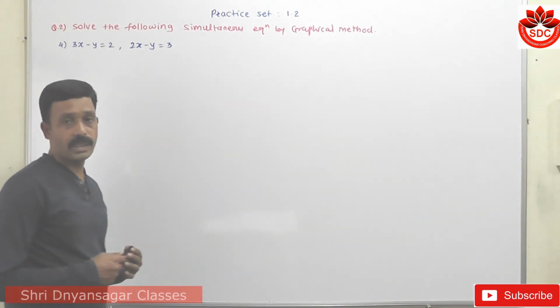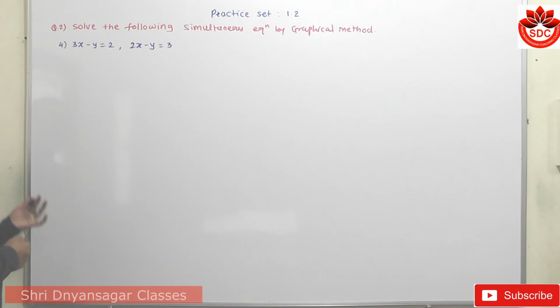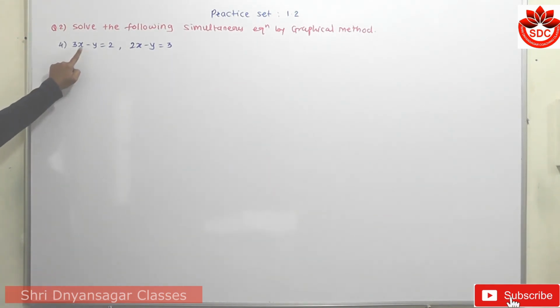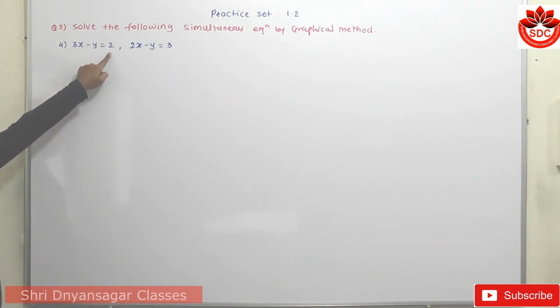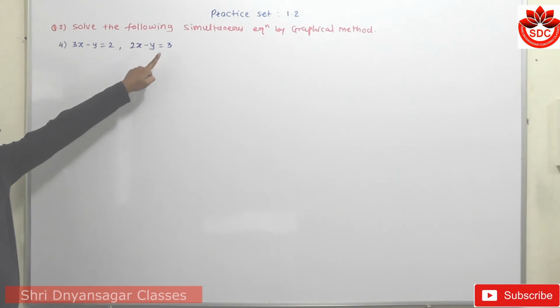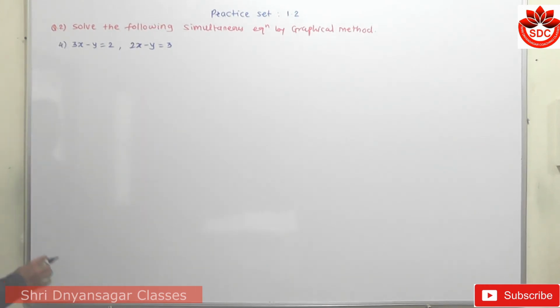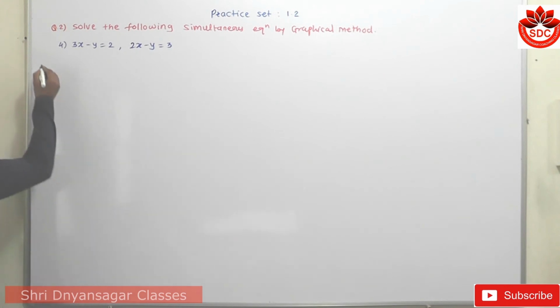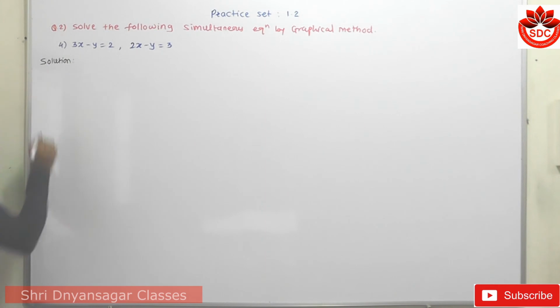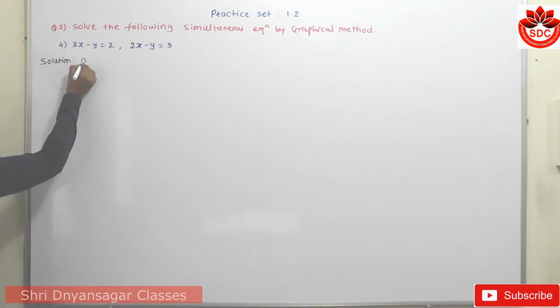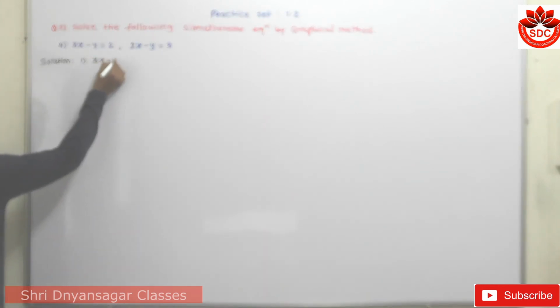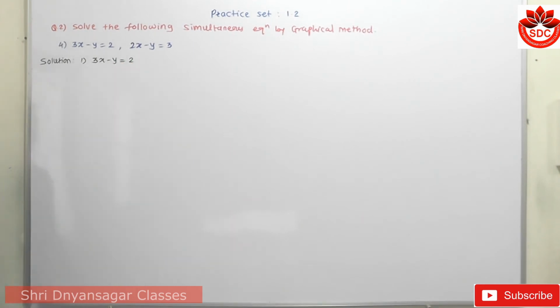Again, solve by using the graphical method. Question number 4: 3x minus y is equal to 2 and 2x minus y is equal to 3. Again, we have to solve by using the graphical method. Now first I take the first equation, 3x minus y is equal to 2.